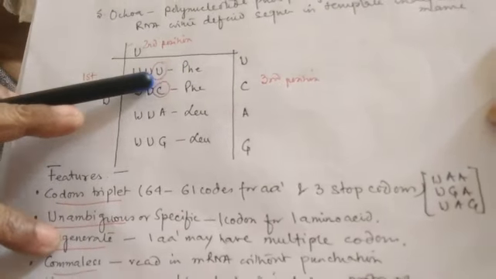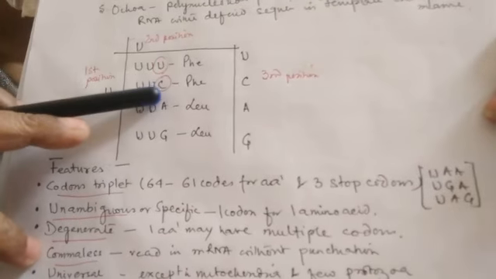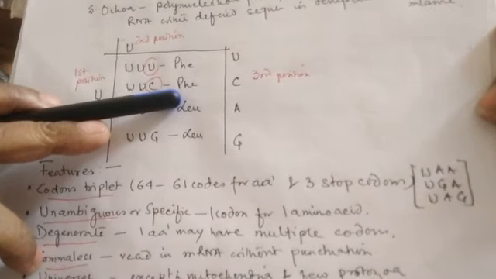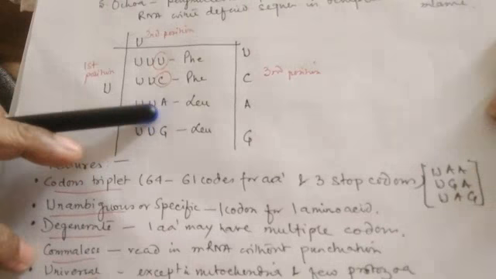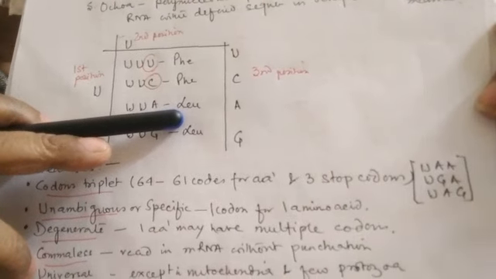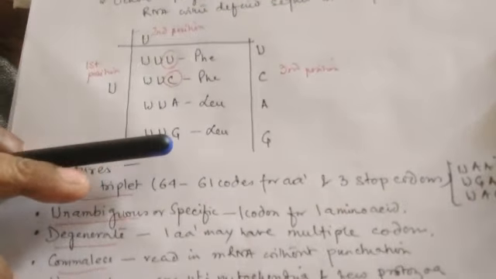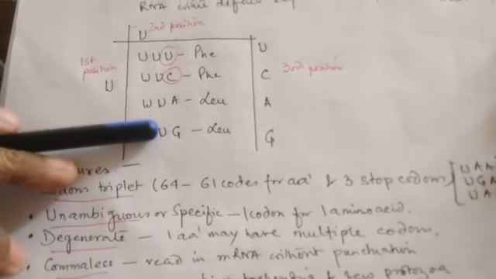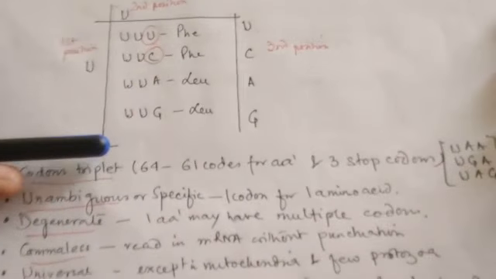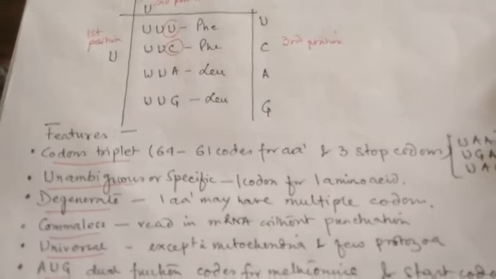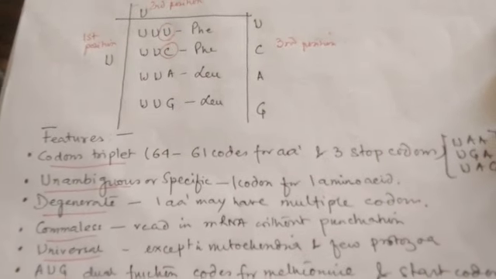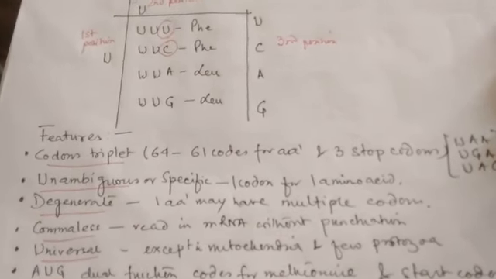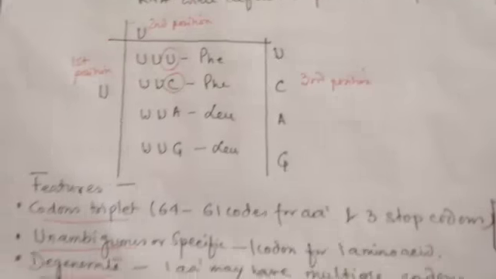So it is called universal. Or UUC, it will code for phenylalanine. Or UUA, it codes for leucine. The exceptions are there, in certain mitochondria and certain protozoa, but otherwise it is more or less universal.